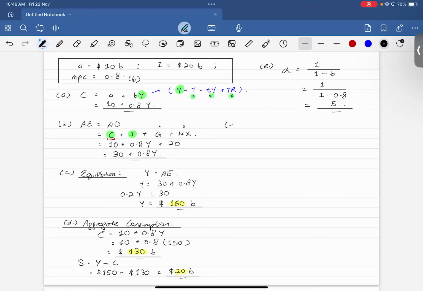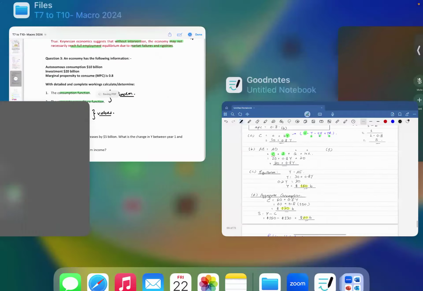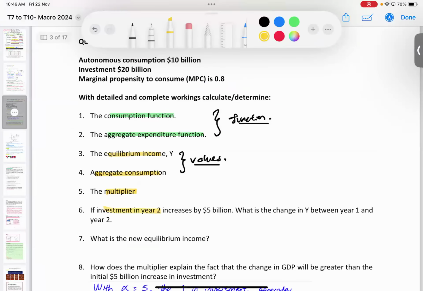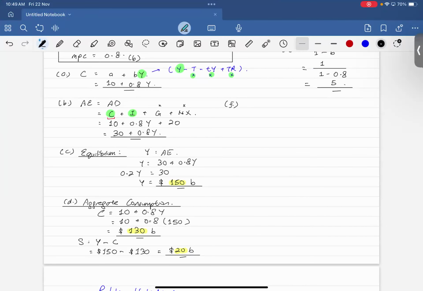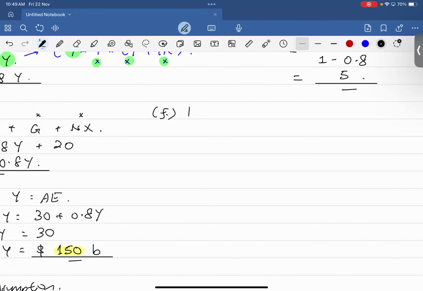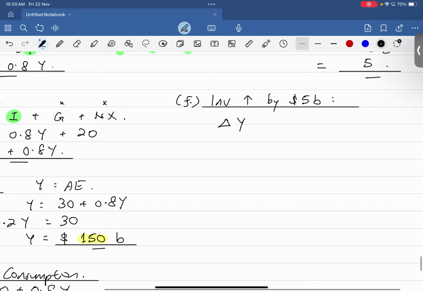Question F. If investment in year 2 increased by 5 billion, what is the change in Y between year 1 and year 2? Investment increased by 5 billion. So now I want to calculate the change in output, change in Y. Triangle means change.